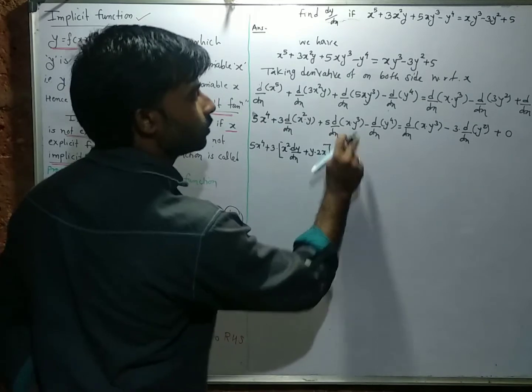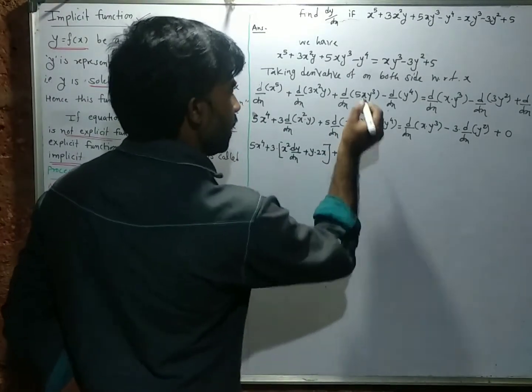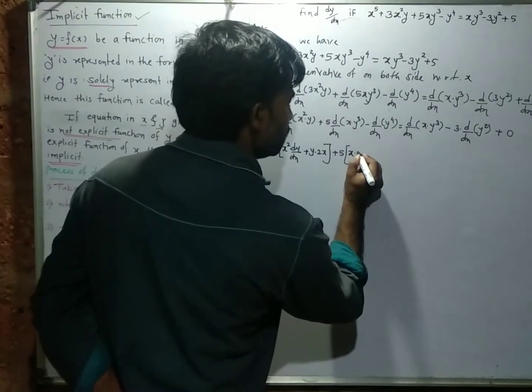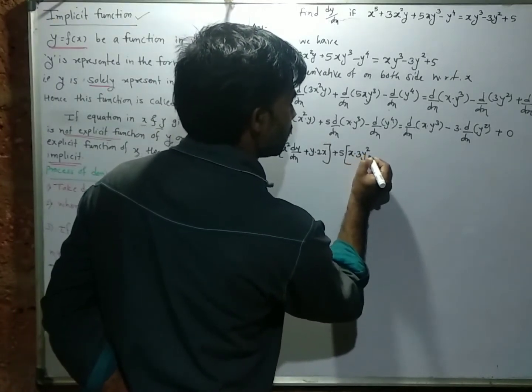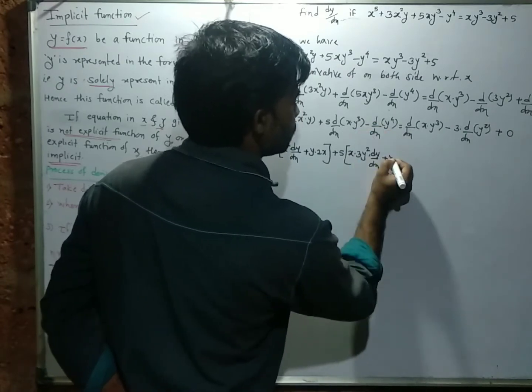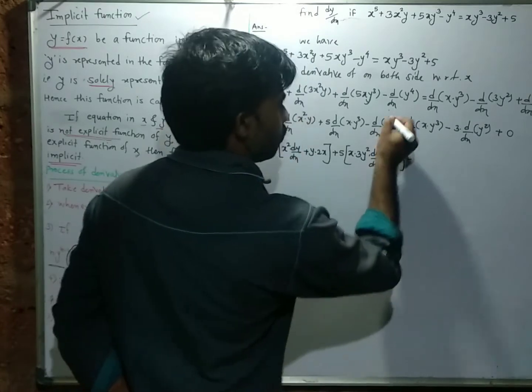Once again two functions are multiplied, so the first function is taken as it is, and the derivative of y cube is taken like y raised to n, with n equal to 3, so you get 3 into y square into dy by dx, plus y cube is taken as it is, and the derivative of x is 1, minus y raised to 4.